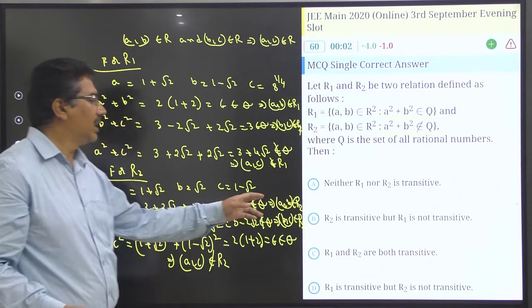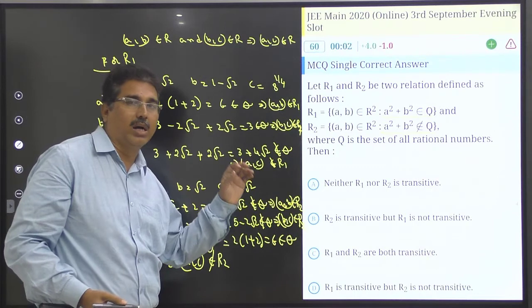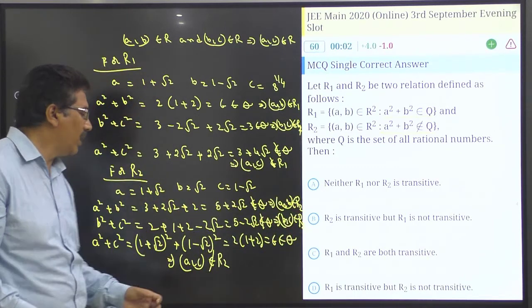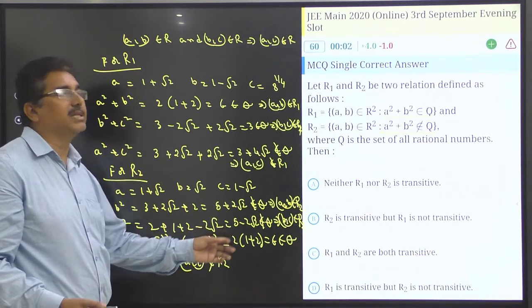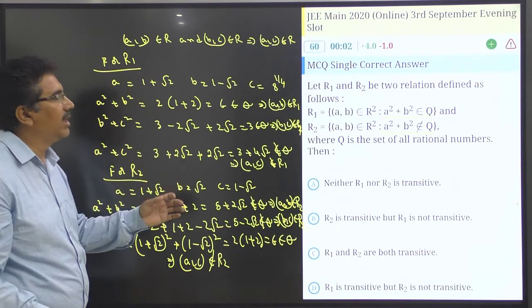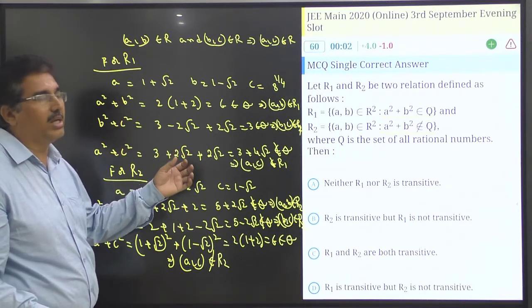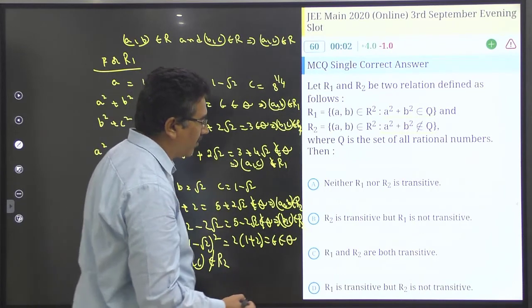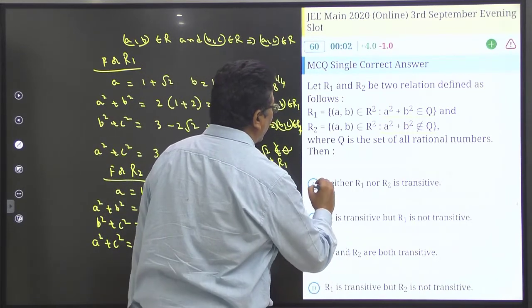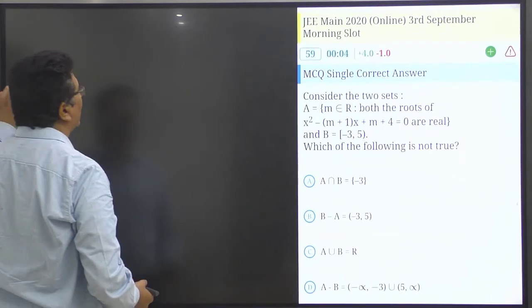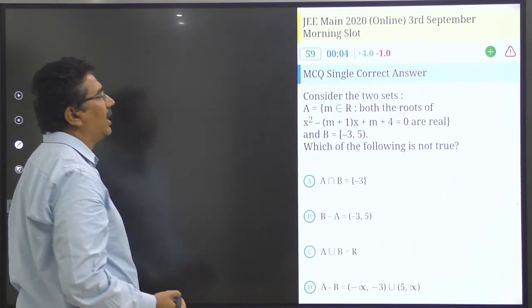Here (a, b) belongs to R2 and (b, c) belongs to R2, but (a, c) does not belong to R2, so neither R1 nor R2 is transitive. Now let us see the next one.